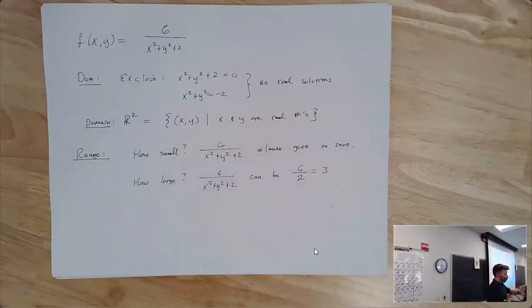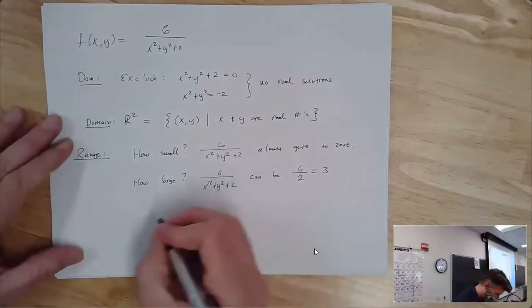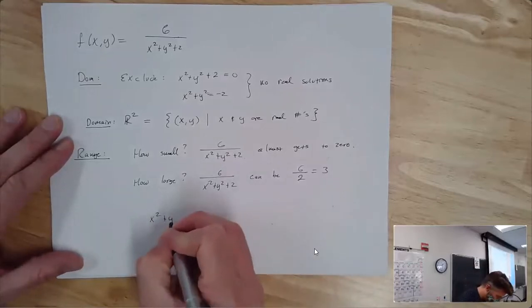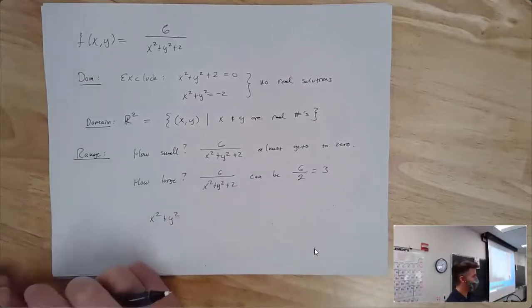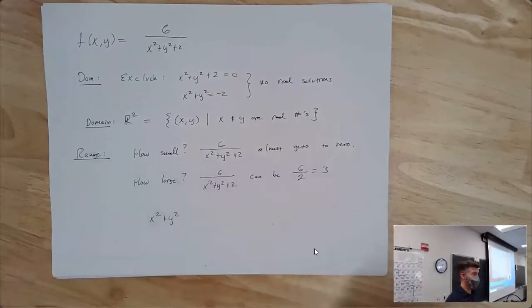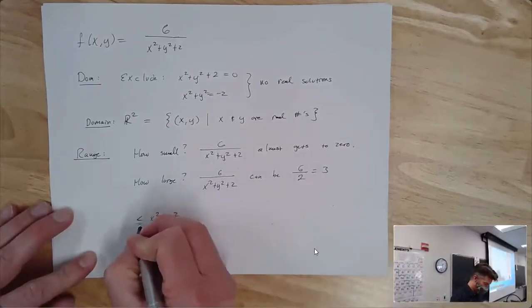Now, here's another, slightly more formal way to tackle this particular problem. If you see an x squared plus y squared, think about it on its own. You're going to see a number of functions where you have an x squared plus y squared, or a negative x squared minus y squared. If you see an x squared plus y squared, you know something about that. No matter what x and y are, this is always bigger than or equal to what? 0.